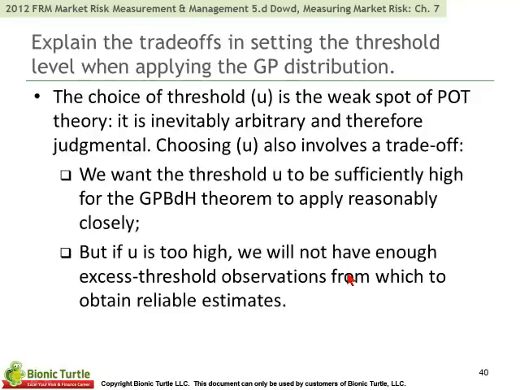The choice of the threshold is the weak spot for peaks over threshold theory. It is inevitably arbitrary and therefore judgmental. So it involves a trade-off. We want that threshold to be sufficiently high that the extreme value theory works in the first place. But if it's too high, we will not have enough excess threshold observations from which to obtain reliable estimates.